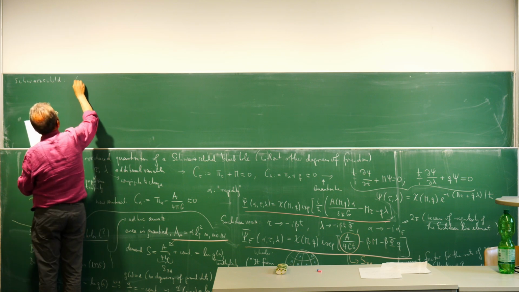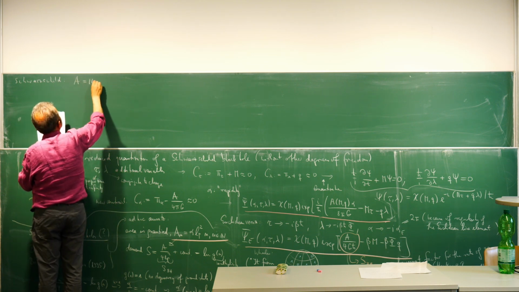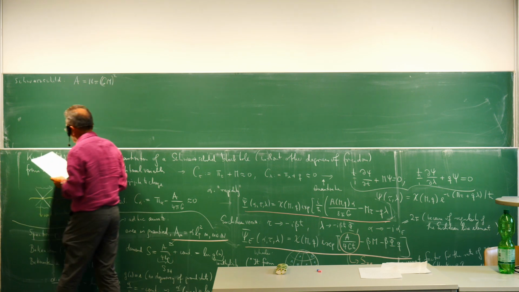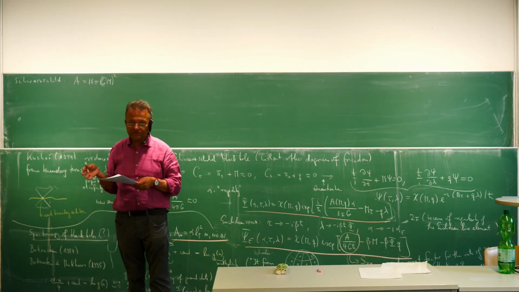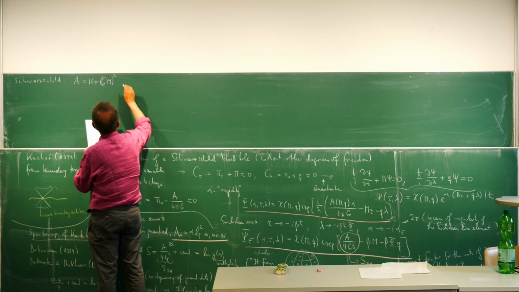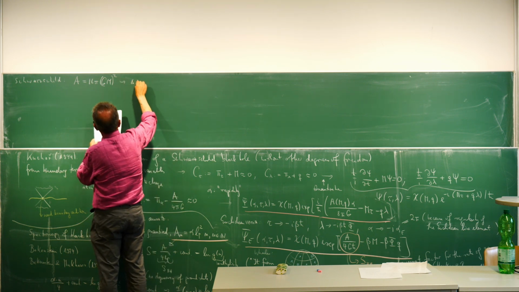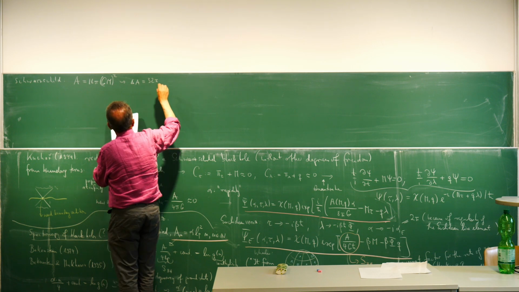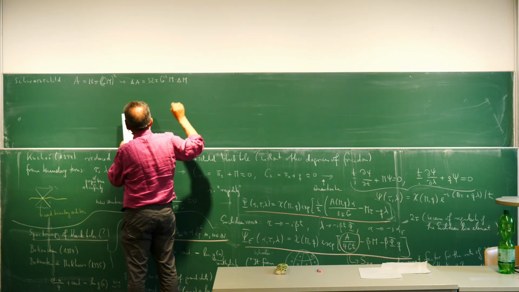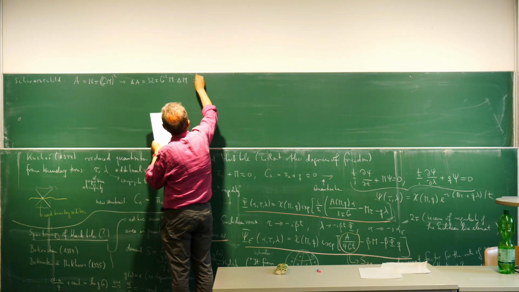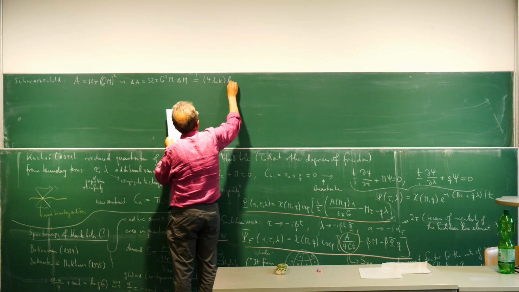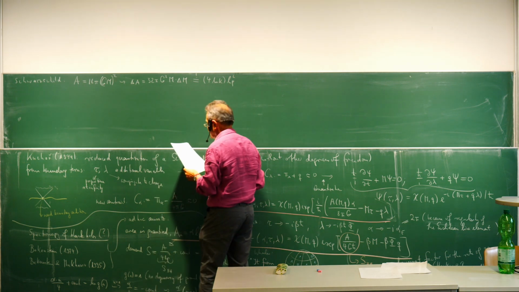We have A is 4 pi Schwarzschild radius squared, and the Schwarzschild radius is 2 G M. So from this you get delta A is 32 pi G squared M times delta M, and this should be, according to our law, 4 ln k times L_P squared, keeping k general here.